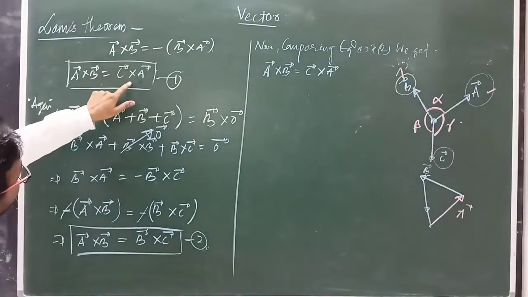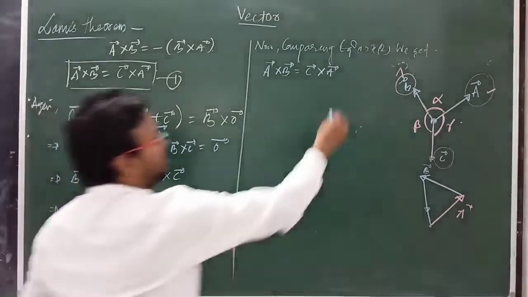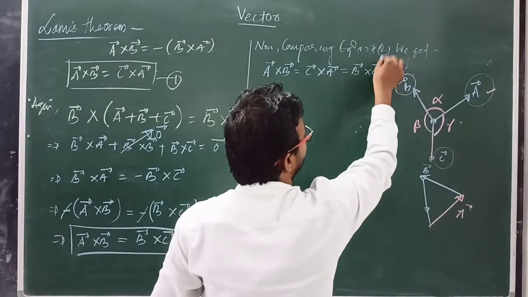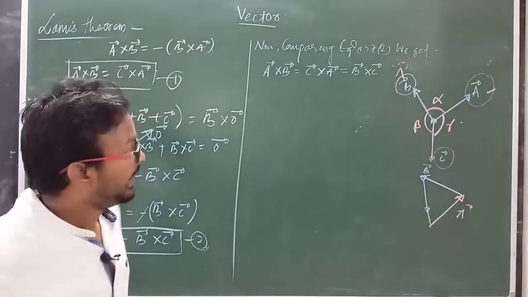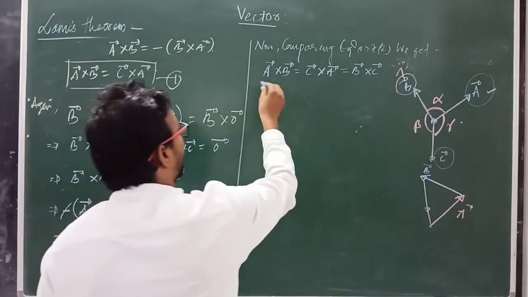But here a cross b equal to c cross a, so a cross b equal to b cross c as well. Clear? Now taking magnitude on both sides.